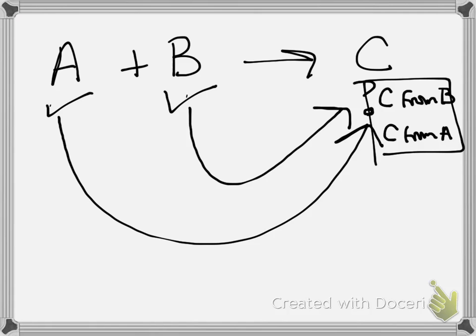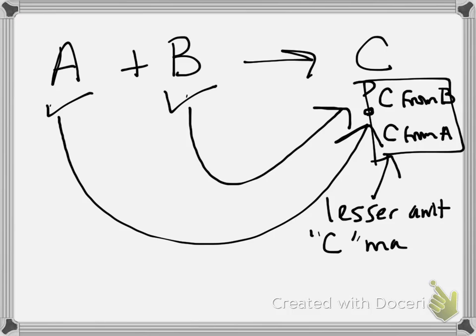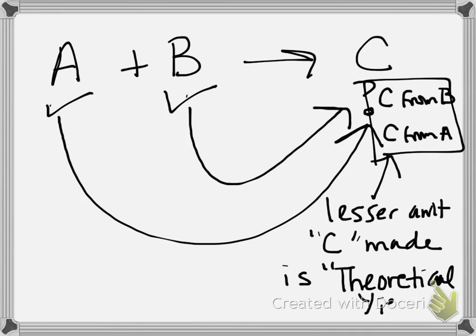You're going to compare them, and the lesser amount of C made is called your theoretical yield. Whichever quantity, A or B, produces the least amount of C is your theoretical yield.